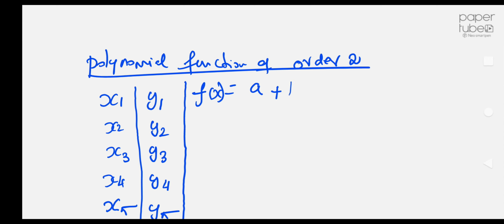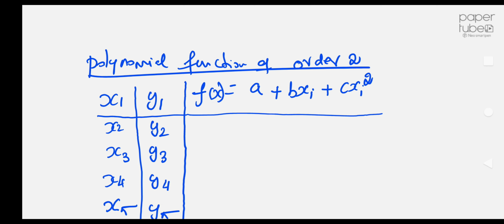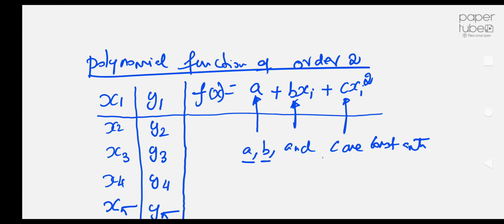That function f of x is something like a plus b xi plus c xi the whole square. What does this equation mean? If you know the a value, the b value, and the c value, where a, b, and c are constants, and if these numbers are accurate, then this function can accurately predict the y value for the given x value.